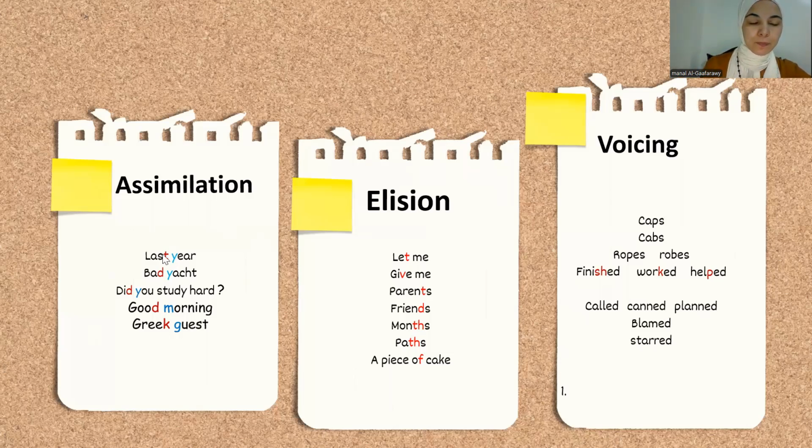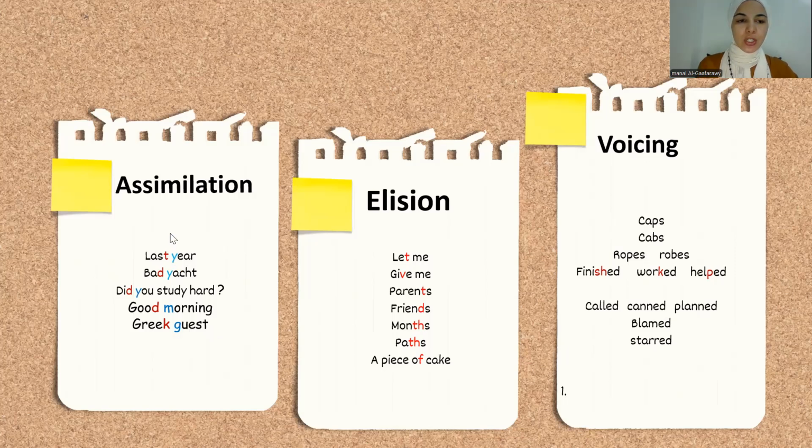For example, pronouncing these two words separately, they may be last and year. But in fluent and natural speech, we tend to speak faster, so it will be last year, last year.